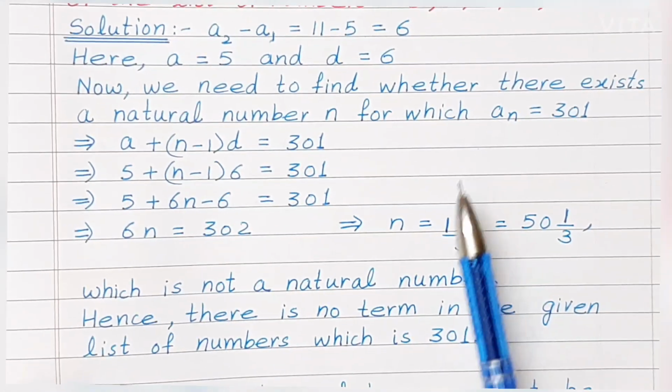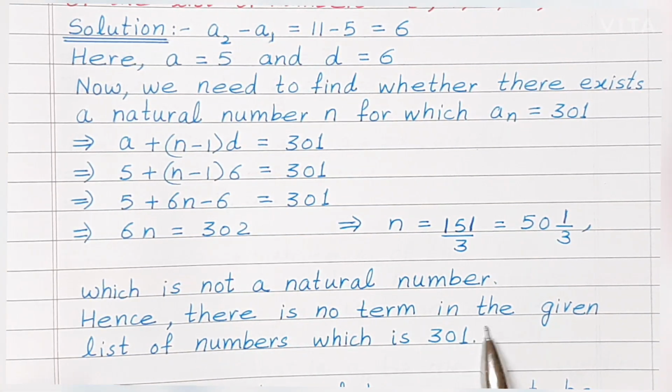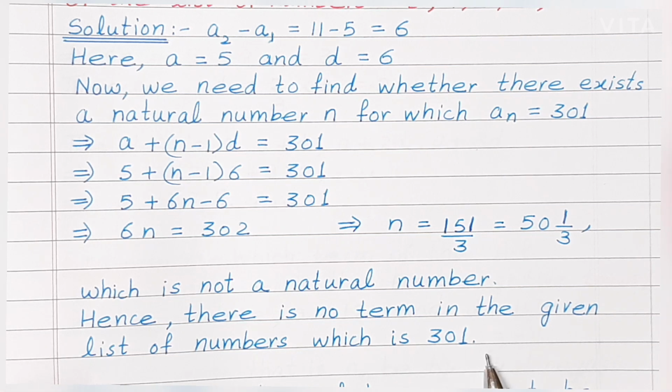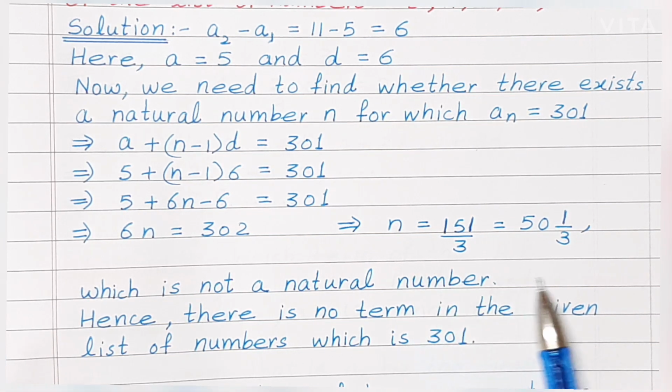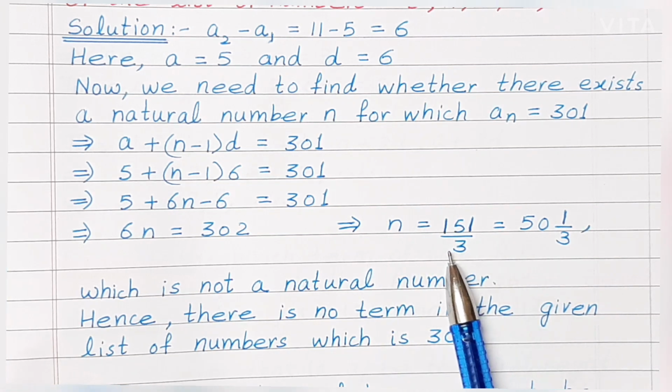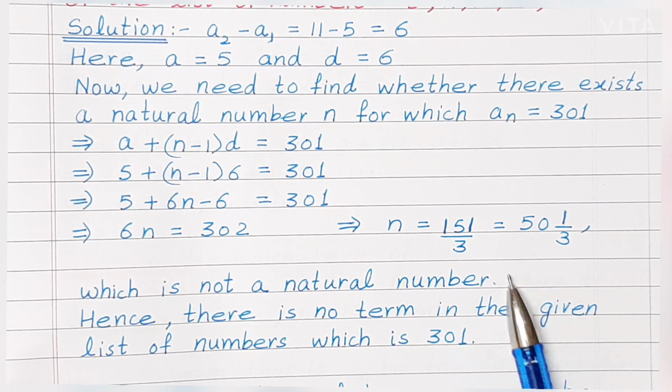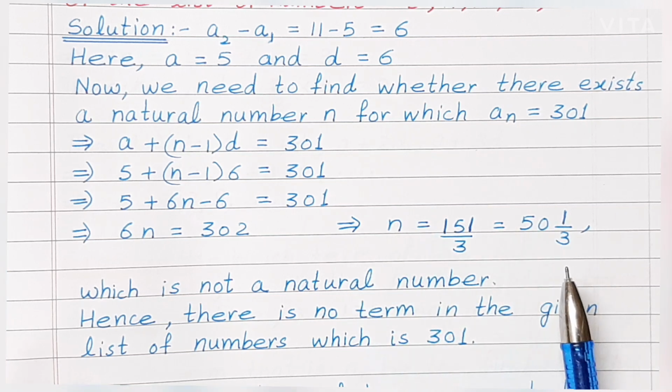Hence, there is no term in the given list of numbers which is 301. I hope it is clear to you. So n cannot be a fraction. Also, n cannot be a negative number.